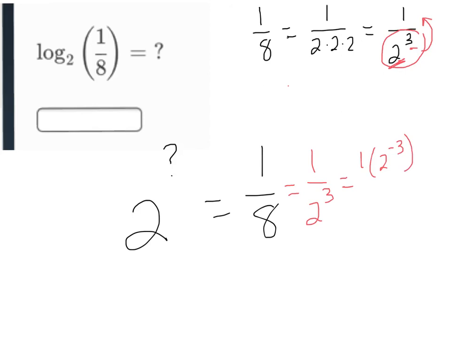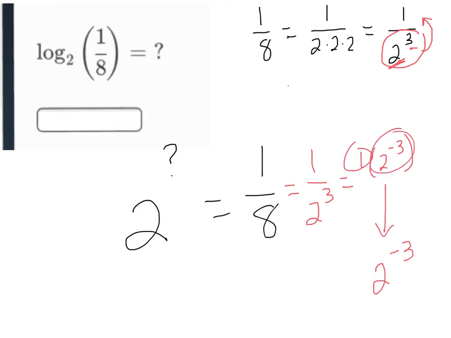Okay, so look at what I did. I took all this and moved it to the top, and when I did that, all I had to do was make the exponent negative. And so this is the same thing as just 2 to the -3, right? Because 1 times anything is the anything.